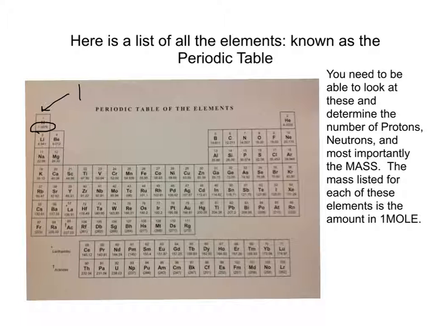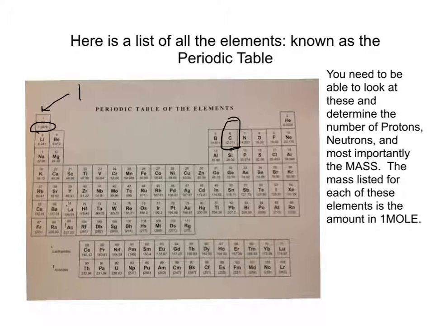Now let's go over here and look at carbon, which we just looked at. As you can see, atomic number 6, 6 protons. If it's an even charge, which they all are on the periodic table until you hear the word ion, then it has the same number of electrons. And then there's our atomic mass at 12.01, which we used a minute ago to determine our neutrons.